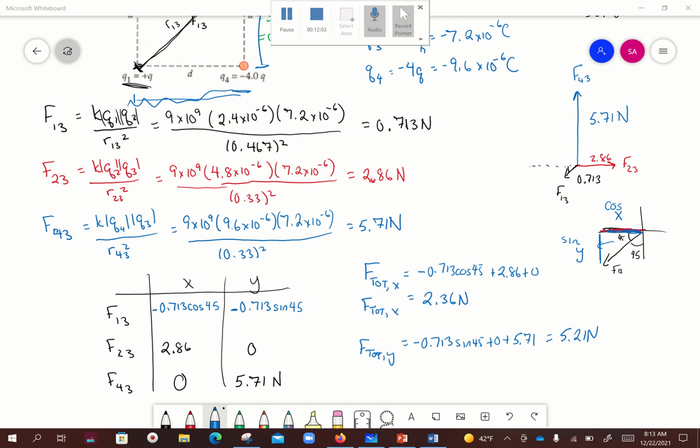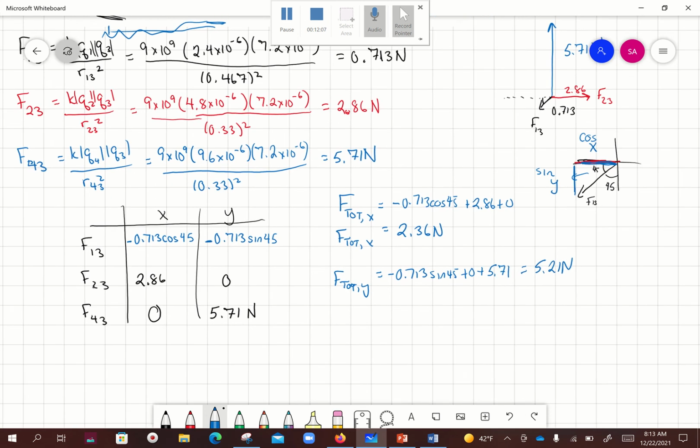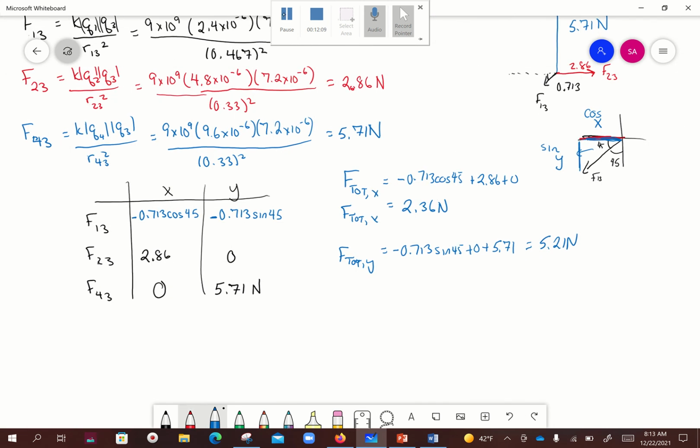All right, so now I'm going to draw a picture of it. So it's always important at the end to draw a picture of what you've got. So let me make an x and y axis and sketch what I got. So I've got 2.36 in the x direction. Let me put on some ticks here. So I'm going to 2.36 in the x direction, and then I'm going to go up 5.21.